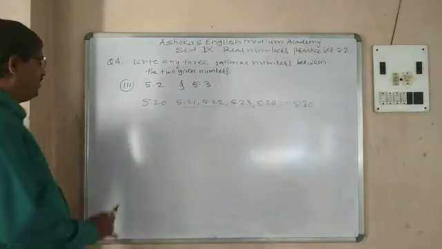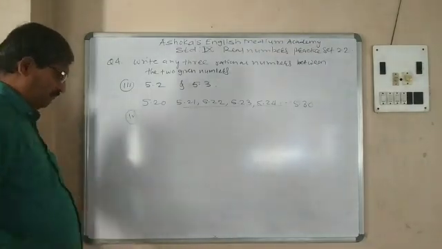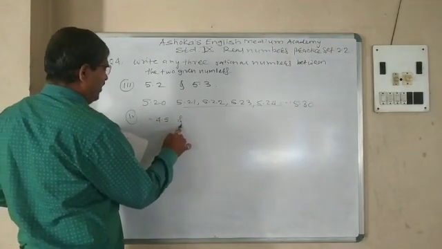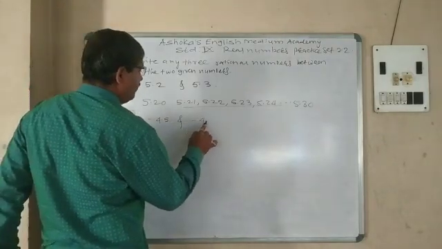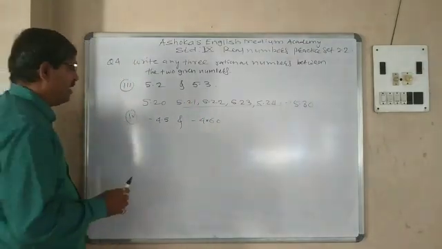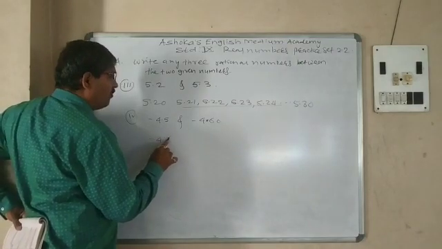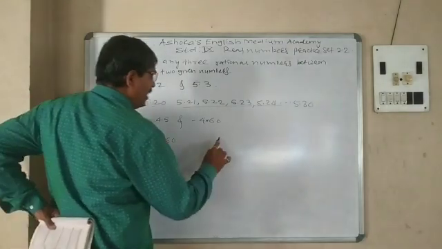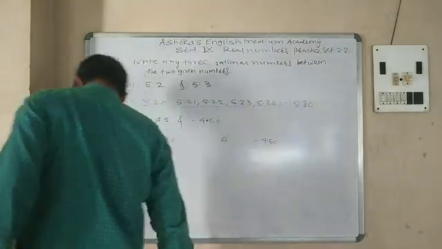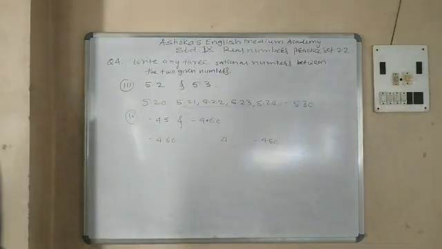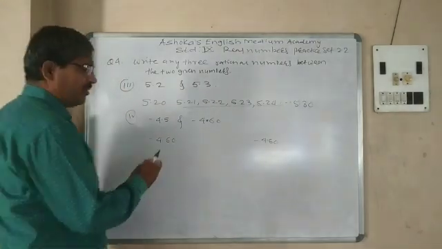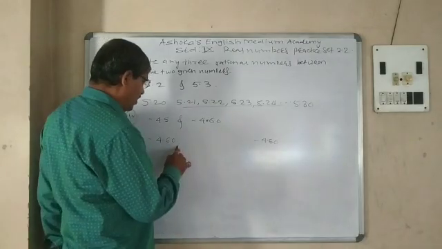Now next, question number 4 of these only. Minus 4.5 and minus 4.60 are given. Okay. Now here, first I will write minus 4.60, and here we will take minus 4.50. As you like, you may write in a different way also, but here I am taking it according to ascending order. So then what happens?